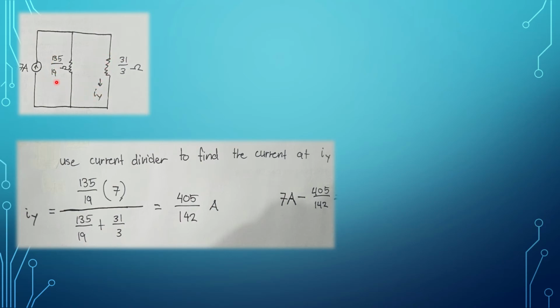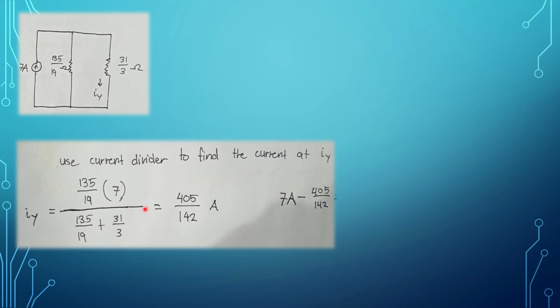Vice versa, if you want to look for the current here, you use this resistance as your numerator, but in this case we want to look for the current here, so we use this as our numerator. So 135 over 19 all over 135 over 19 plus the resistor parallel to this one, so 31 over 3, times 7. 7 is our total current.